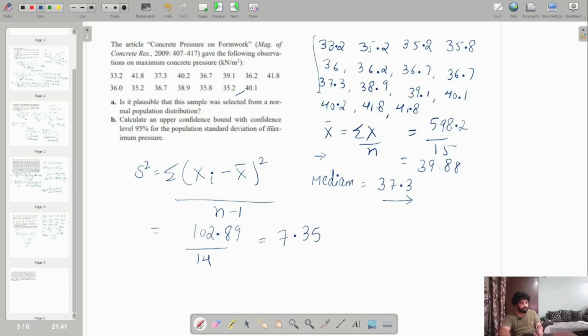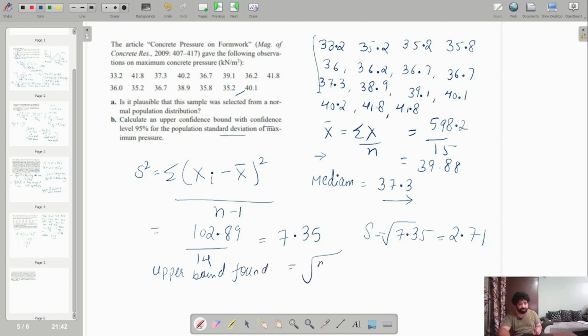Now the thing is, you need to find out the upper confidence interval for the standard deviation. So what I'll do is I will just find my standard deviation from this one, and this comes out to be 2.71. Now the next will be to actually write down the upper bound formula which we used in the previous question also.